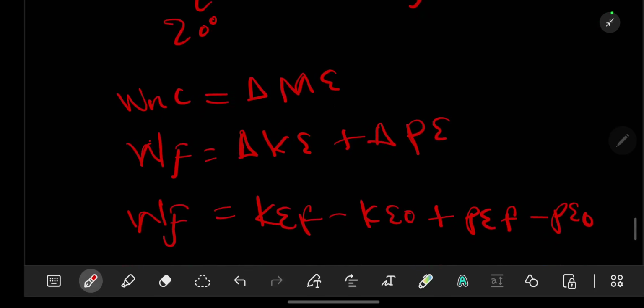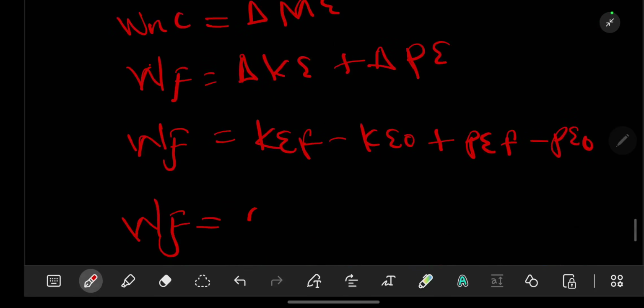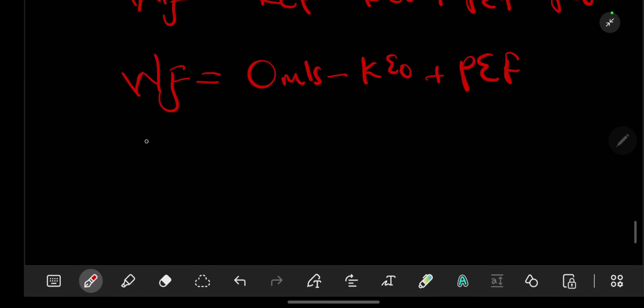So if it stops, the final speed is 0. We have 0 meters per second minus the initial kinetic energy, plus our final potential energy. So this is basically what we have.